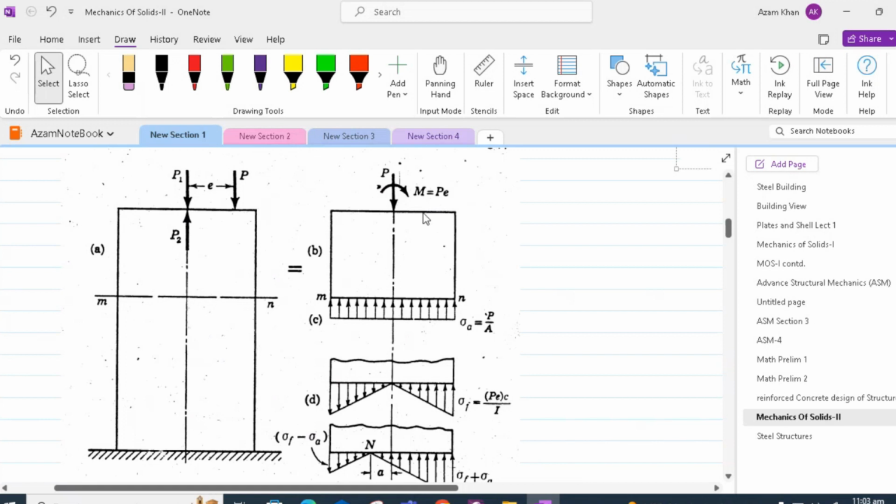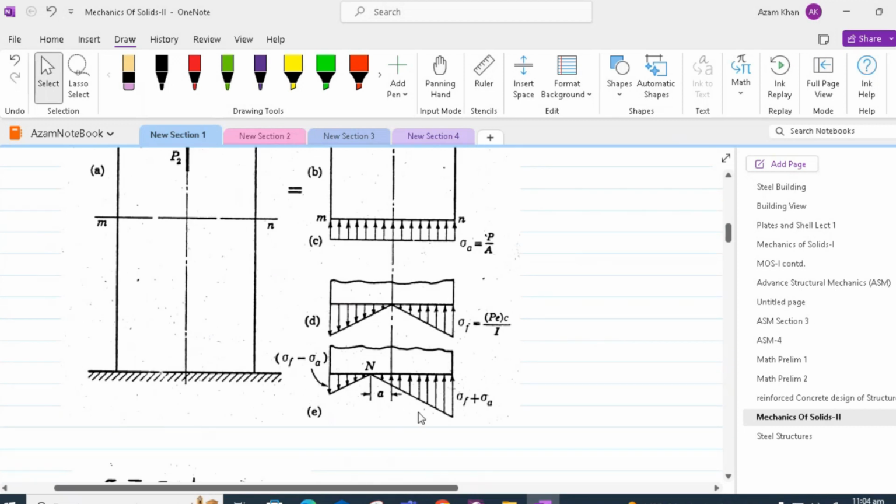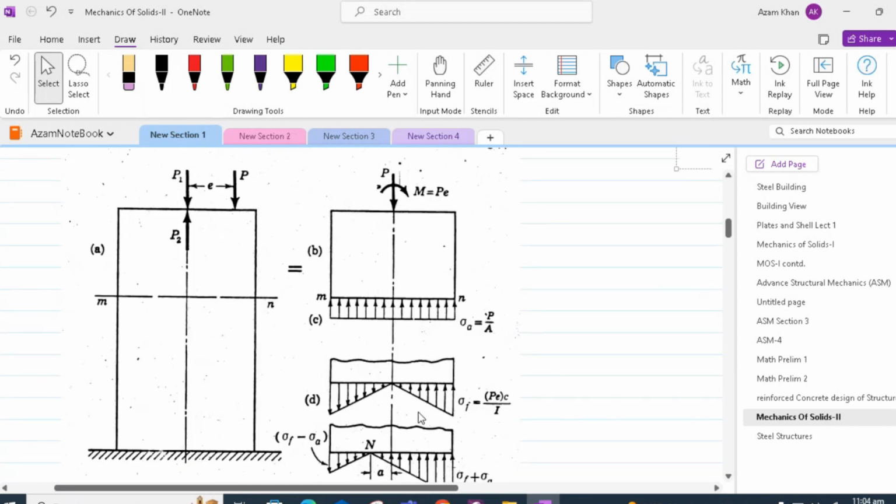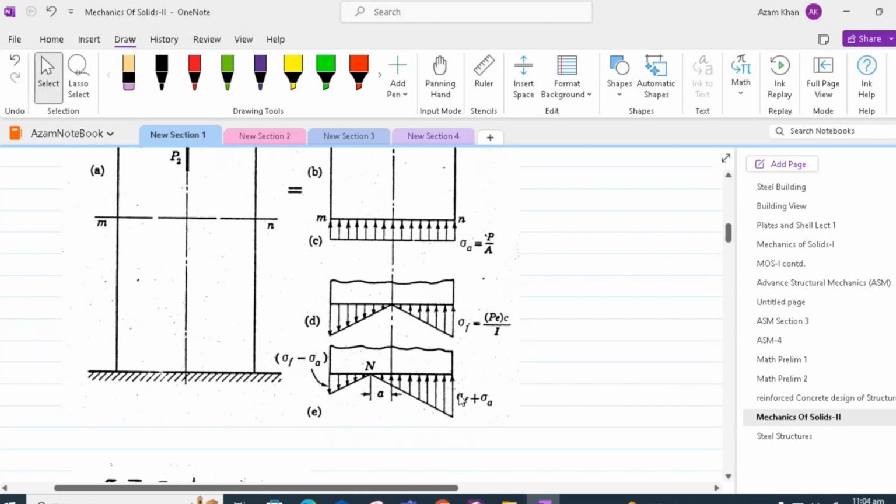P times E is the moment, C is the distance of the extreme fiber from the centroid, and I is the moment of inertia of the cross section. If the maximum flexure stress is larger than the direct compressive stress, the resultant stress appears as in figure E.